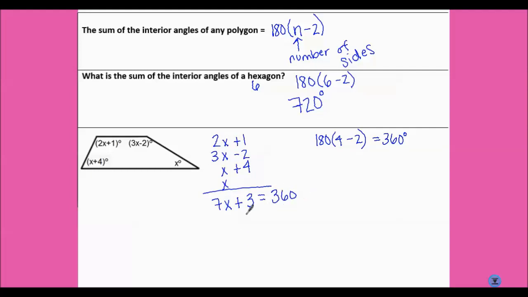And now we can solve. Minus 3, minus 3, 7x equals 357. Divide both sides by 7. We get that x is equal to 51.